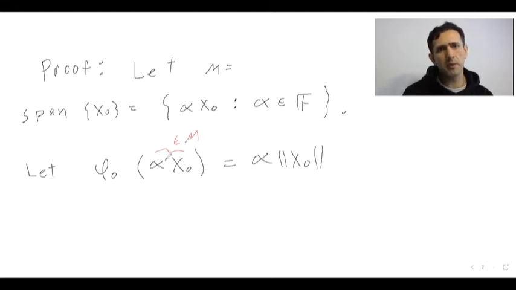So on M, you can check very easily this is linear. It's linear just because everything in M is just a scalar times x0. So there's no variation in the x0. It's just the scalars here.